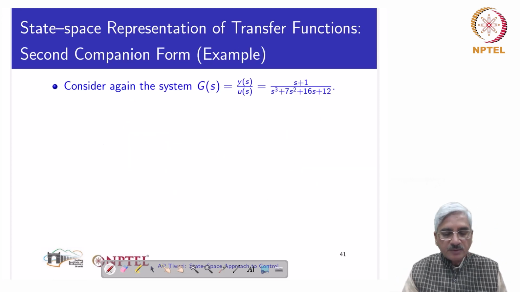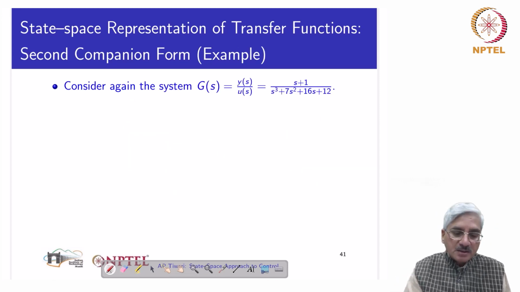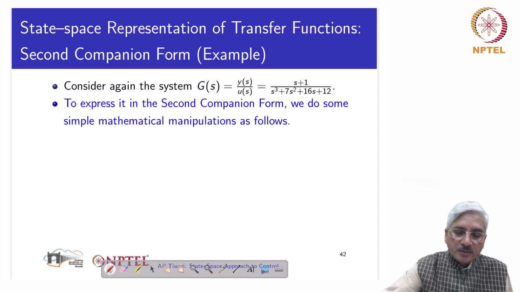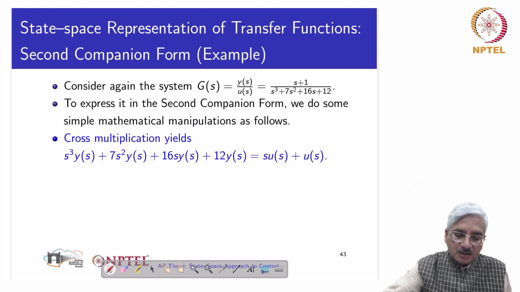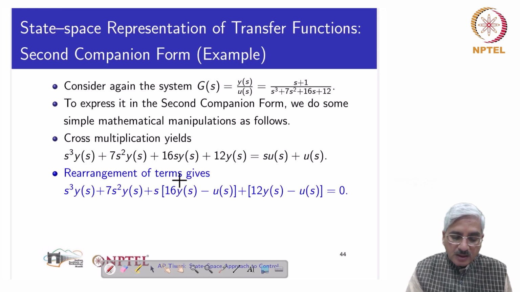The same system, if we consider to obtain the second companion form representation, then of course it will be done in simple manipulations like this. We cross multiply and then we rearrange the terms of identical powers. There is no power of s cube with U, so this we keep alone.